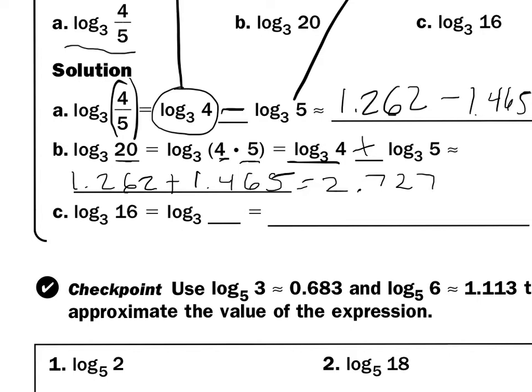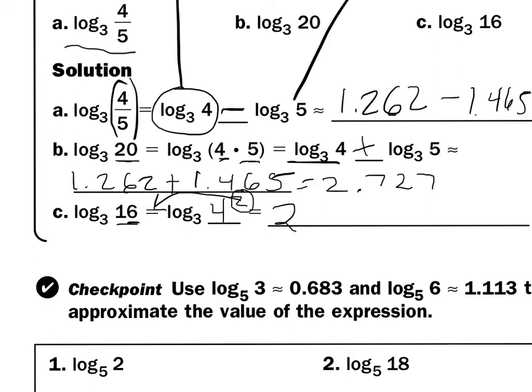Now this last one for C, we have log base 3 of 16. Once again, it'd be nice if we can rewrite 16 using some combination of 4 and 5. Now you might be thinking, well, 16 is 4 times 4, which is absolutely true. I'm going to do the same thing, but write that as 4 squared. So 16, if I write as 4 squared, now you can see I can use the power property. I can bring the power 2 out in front of the log.